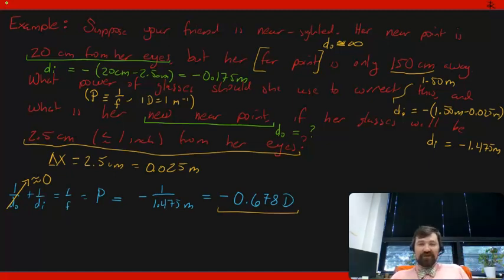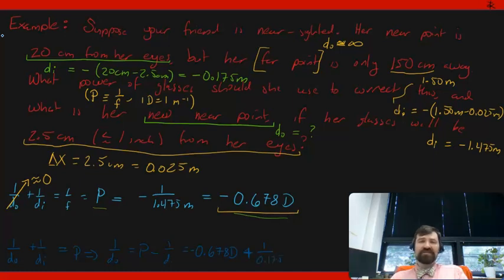And we just found the power here. So the power found at the end of the answer is now the same power that we would use here, or the same focal length. So 1 over dO plus 1 over di is equal to the power. That means that 1 over dO is power minus 1 over di, which is negative 0.678 diopters, plus, because this number is actually negative, 1 over 0.175.